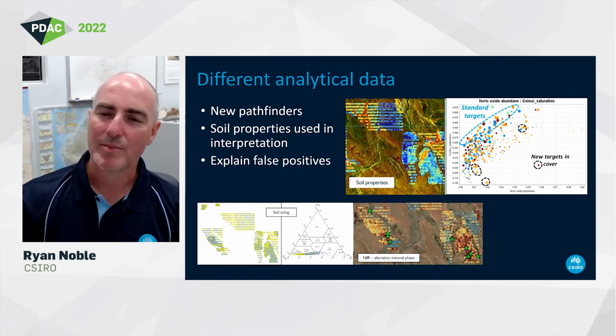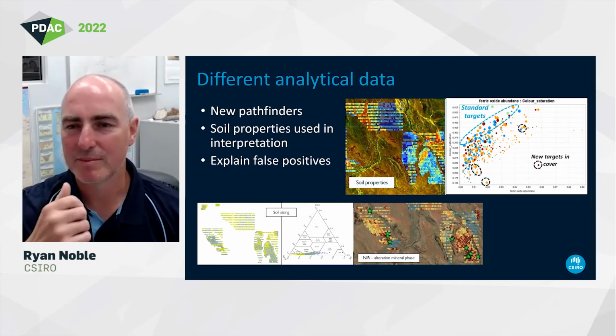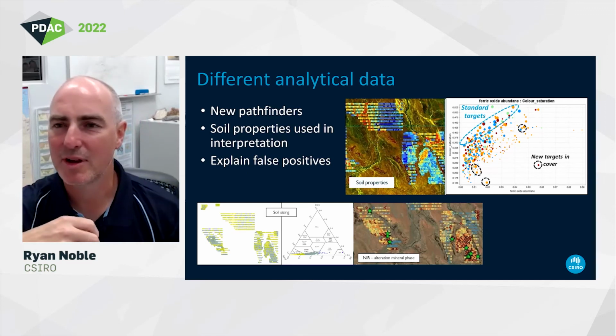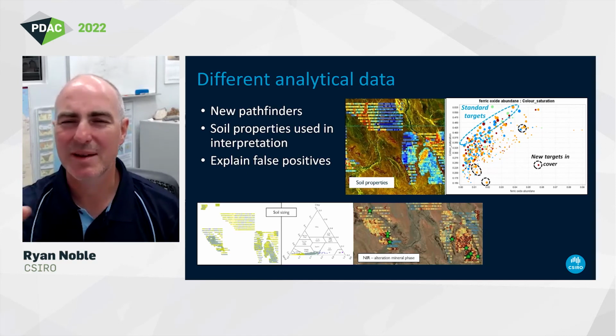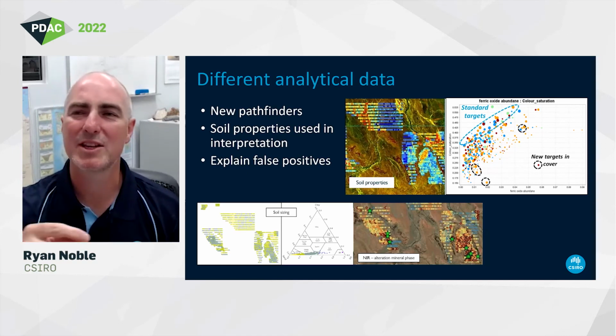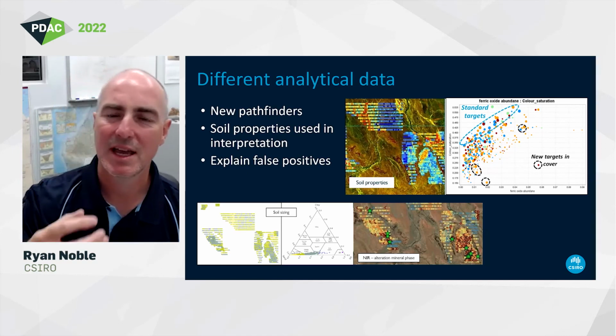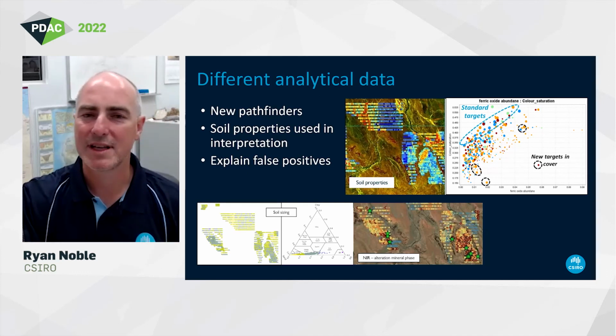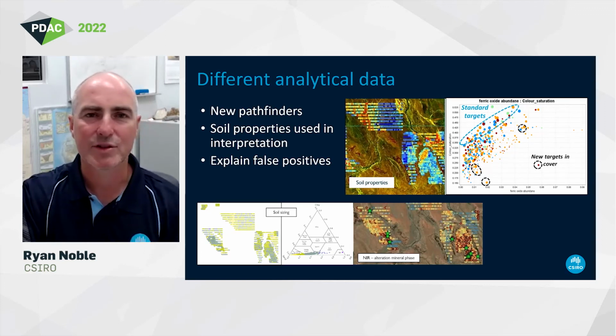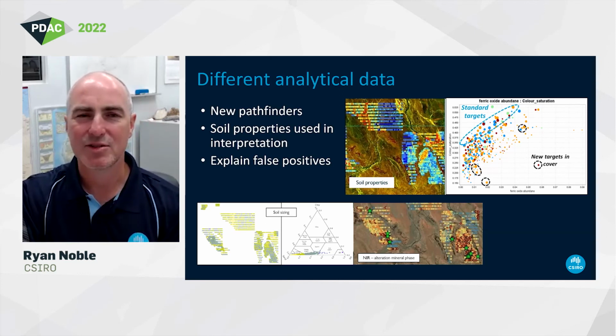When you pull them out, and in this case, I've plotted them by some of the pathfinder elements, you're finding new targets potentially or something of interest that wouldn't have piqued your curiosity if you just had your standard geochemistry. So that's the sort of information we're trying to get out and make it more accessible to industry.